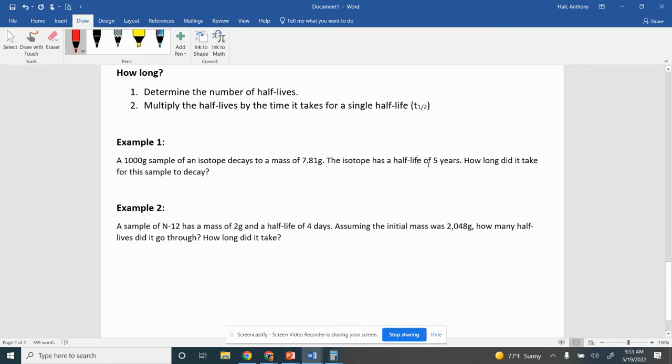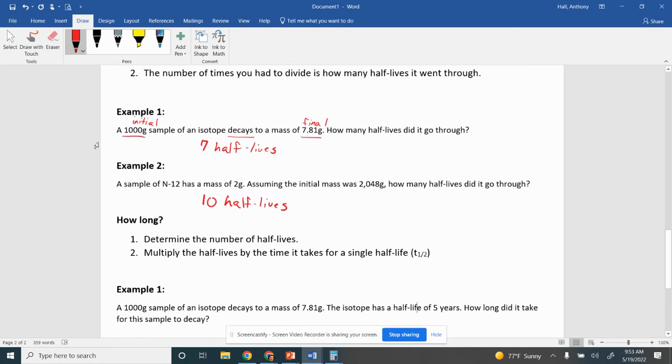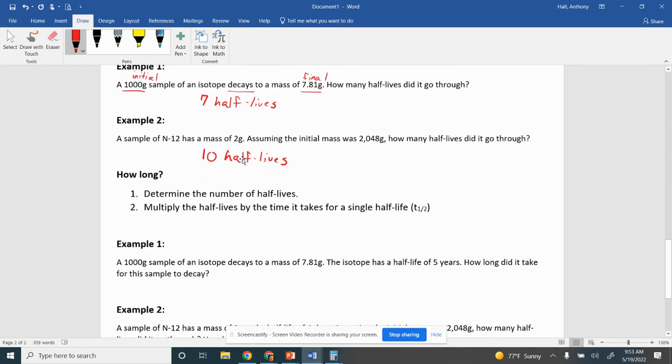So step 1, determine the number of half-lives. So what would I do to get the number of half-lives? Yeah, just like we did up here. And I'm not going to do it again because it's right here, right? So I take my initial, I divide it by 2 until I get to my final, and that determines how many half-lives I've got. So I did it up there, so it was 7 half-lives.